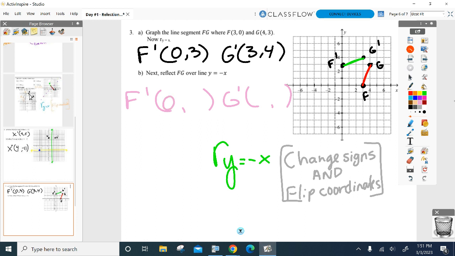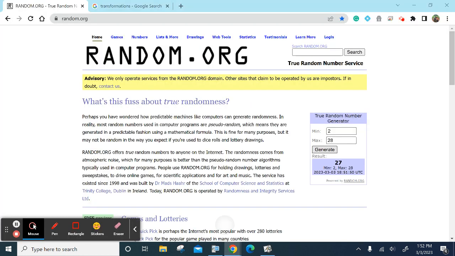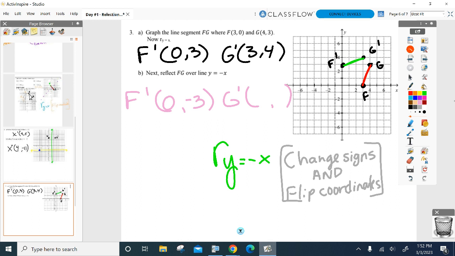Yep, flip them and change the sign. G prime, good job. There it is. And negative 3. Yep.